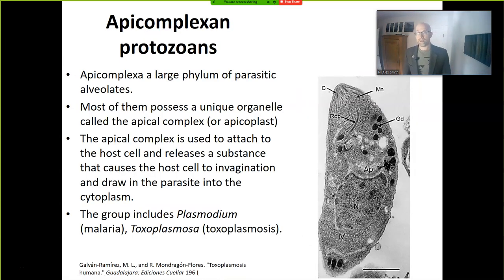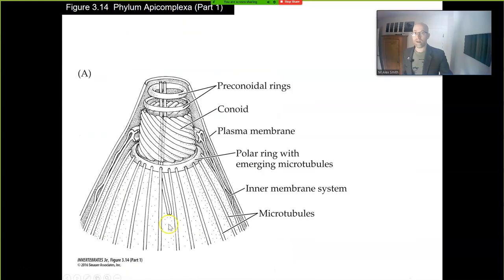So the apicomplexa with this apical complex, and you can see another group of it here, another in the scanning electron micrograph here. So Plasmodium, the group of apicomplexans that causes malaria, and Toxoplasma, which causes toxoplasmosis in humans, and that's an example that we're gonna unpack on Wednesday. Let's take a look at these preconoidal rings, the conoids, and the plasma membrane.